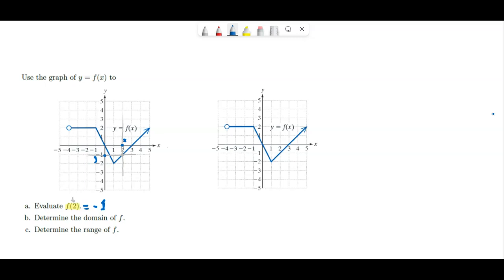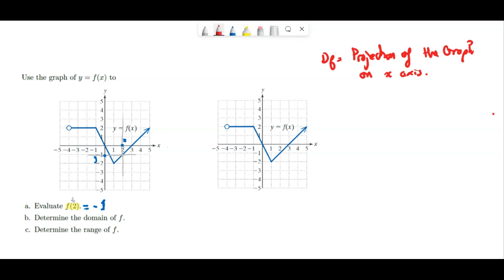Now, the next question is we want to determine the domain of the function f. So what we're going to do here, if you are looking for the domain, the domain of f is the projection of the graph on the x-axis. So what is the meaning of this? It means that you're going to cast the shadow of the graph on the x-axis.